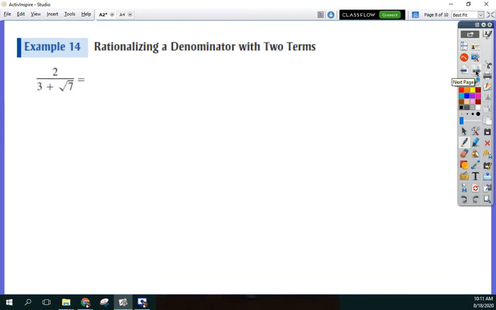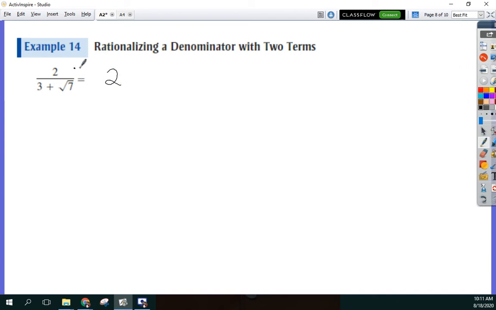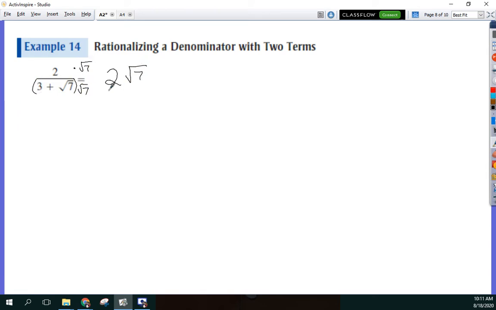Alright, now looking at our next one, I have 2 divided by 3 plus the square root of 7. So if we look at that, we do have a square root, but be careful, because if we just multiplied by the square root, we would be okay on top. We would end up with 2 square roots of 7.